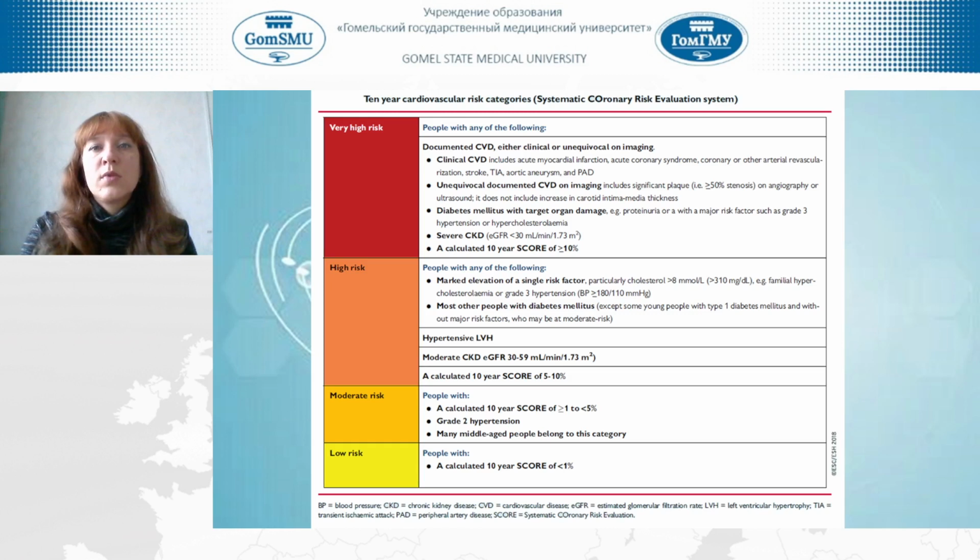Or it can be significant plaques on angiography or ultrasound, diabetes mellitus with target organ damage such as proteinuria, or with major risk factors such as grade 3 hypertension or hypercholesterolemia, severe chronic kidney disease, GFR less than 30, or a calculated 10-year risk more than 10.